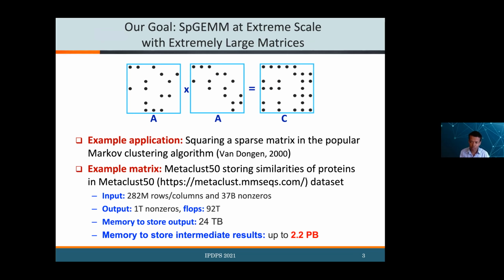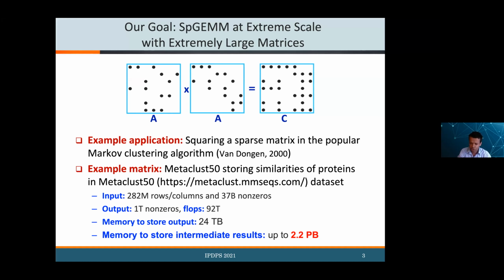So here is one particular application that we cared a lot about. This application is called Markov clustering, which can be used to cluster protein sequences. And in this clustering algorithm, we have to repeatedly multiply a sparse matrix. Here is one particular example matrix called Metaclust50.